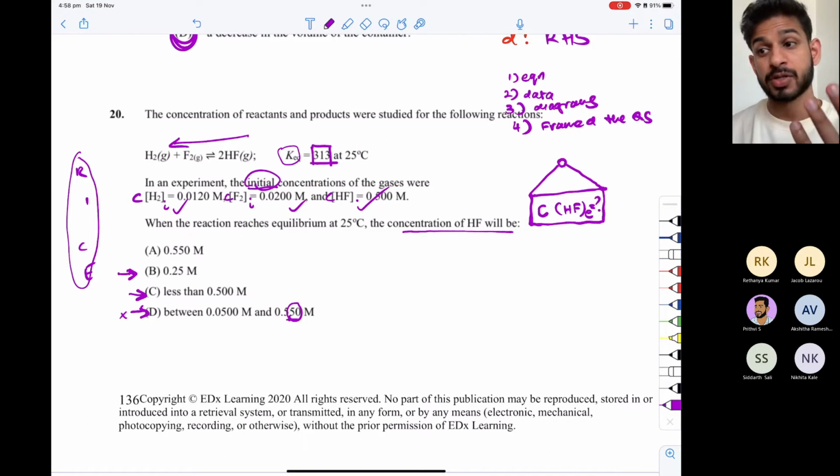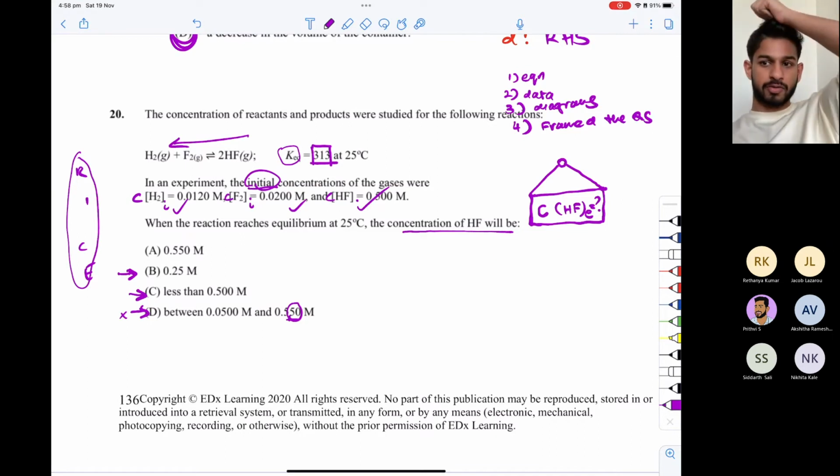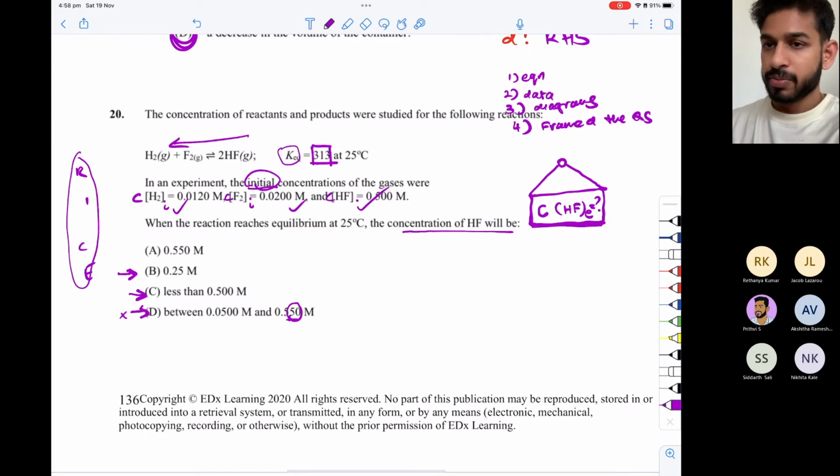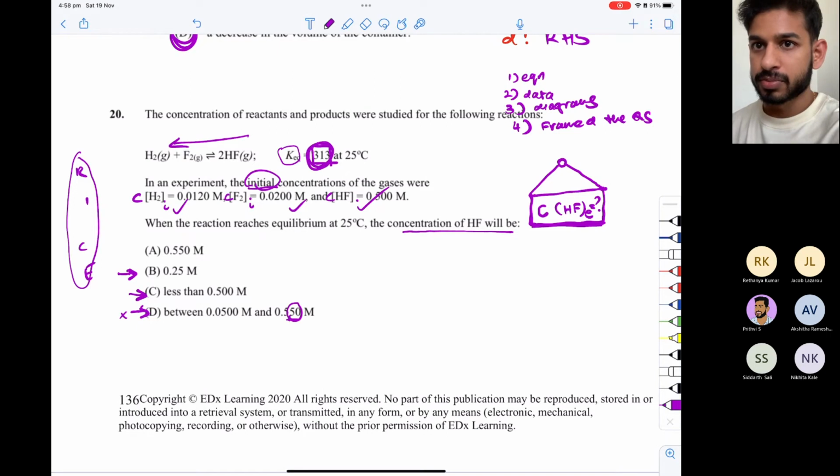So what I mean by this is going to be a little bit harder and you probably will not be able to solve it. This is where you have to start thinking, right? We don't know the concentration of HF at equilibrium. We know the K constant. We know the initial concentrations of all these substances. Can we possibly find the equilibrium constant for some of them?